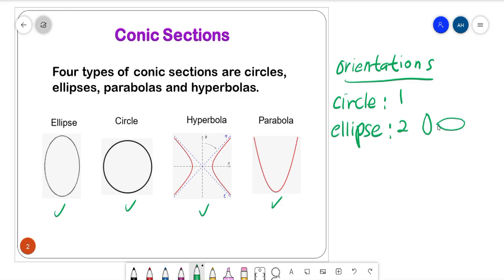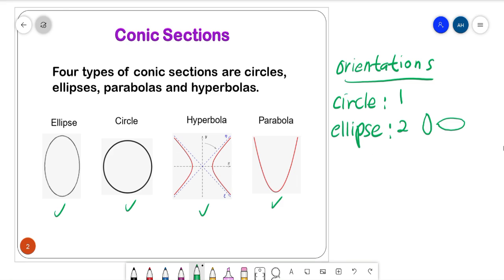We refer to the major axis. Remember, in an ellipse we have a major axis. For the vertical one, we say the ellipse has a vertical major axis, and for this ellipse, a horizontal major axis. What I mean to say here is that an ellipse has two orientations.